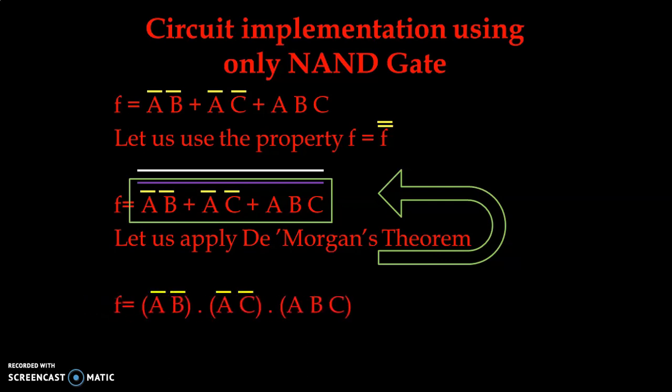So we have the original equation, but now it is converted into a product, because De Morgan's theorem says the complement of a sum is equal to the product of complements.